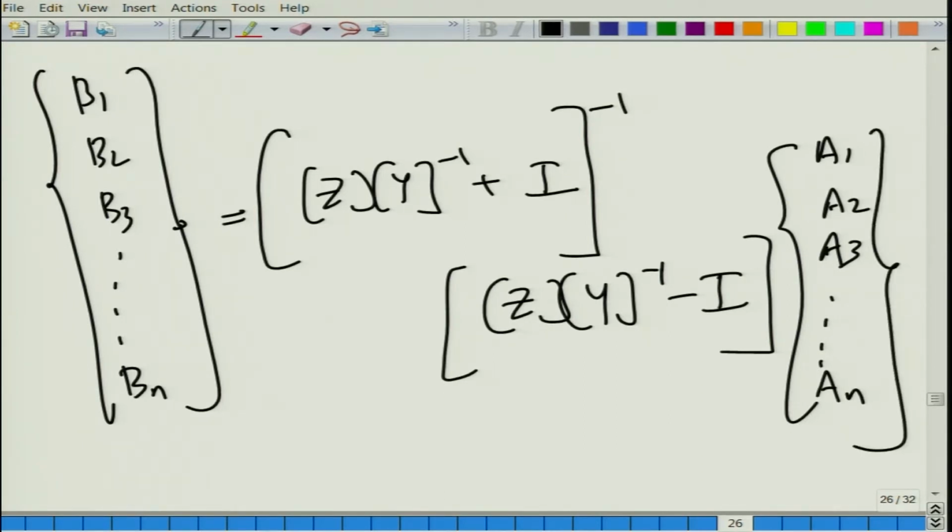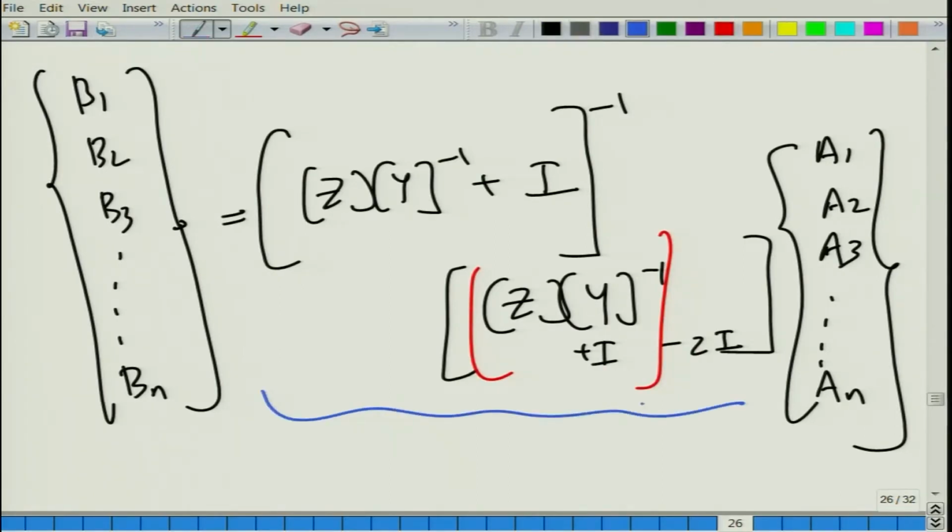So, like this we can keep doing, and there is yet another, perhaps a little bit more compact way of doing this thing: if you realize that instead of minus I, if you write plus I, then you have to subtract 2I. Okay. So, once you multiply this with Z Y inverse plus I whole inverse, you will get the I matrix, and this will be minus 2 times this thing. So, basically this entire thing is called the scattering matrix.